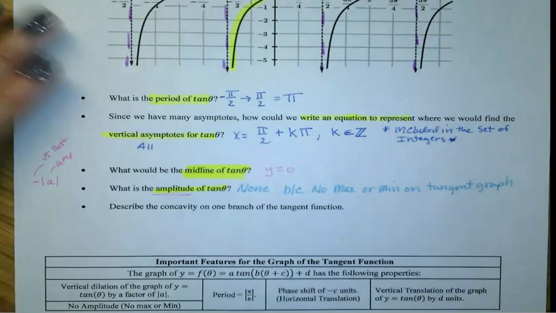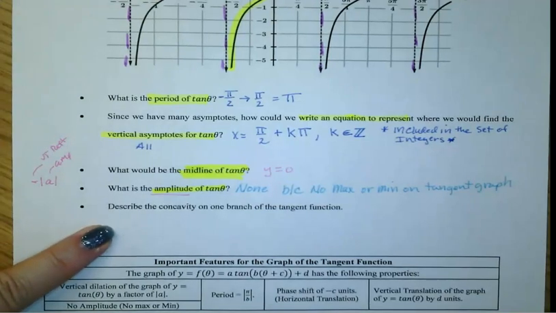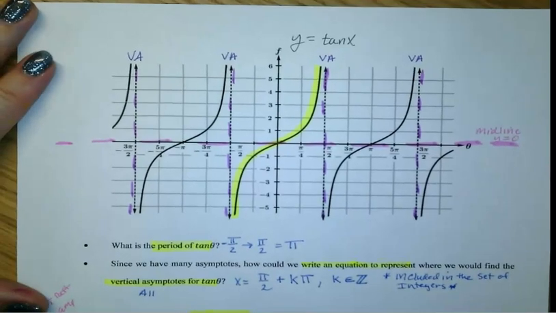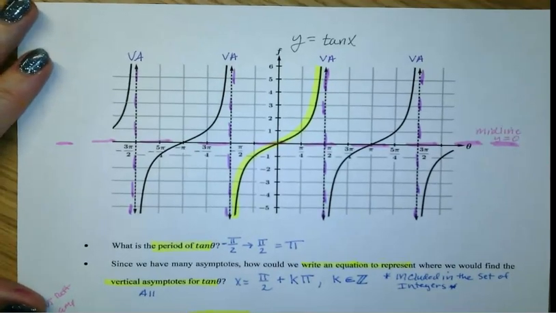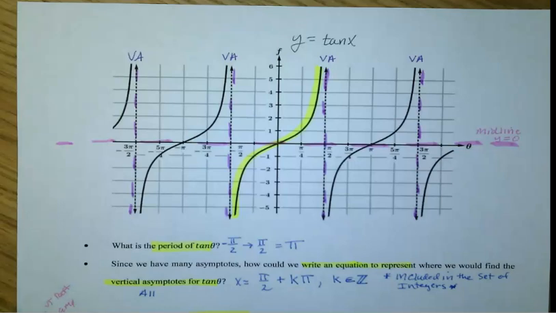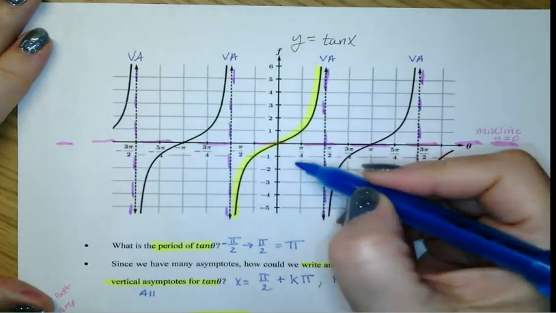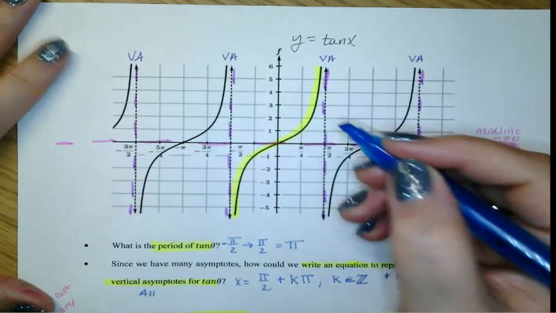All right, so let's move to this last piece I want to talk about, and this is describing the concavity on one branch of the tangent function. So if we look at our tangent function, we know that the graph changes concavity when you have a point of inflection or when it's looking from concave up to concave down.